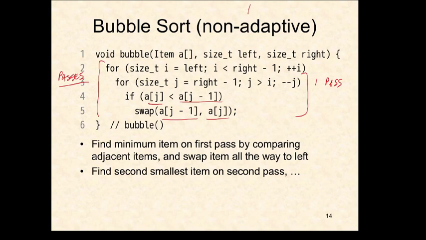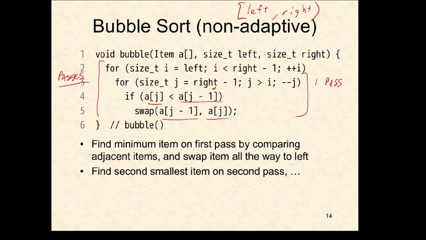Remember, the left index is inclusive, right index is exclusive. So I set j equal to right minus 1. j is an actual index. It says keep going as long as j is greater than i. We'll get to that in a second. And we're going to decrement it. If I don't like the order of a sub j and a sub j minus 1, I swap them.